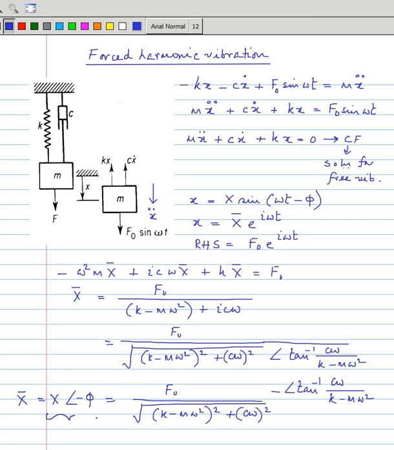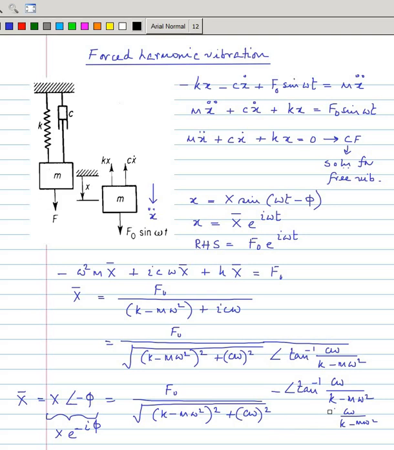This means actually X e to the power minus i phi, and this angle means e to the power minus i tan inverse of c omega by k minus m omega square. That's why this is a simpler way of writing it by giving the angle symbol. Actually it means e to the power i, and the angle is minus this.